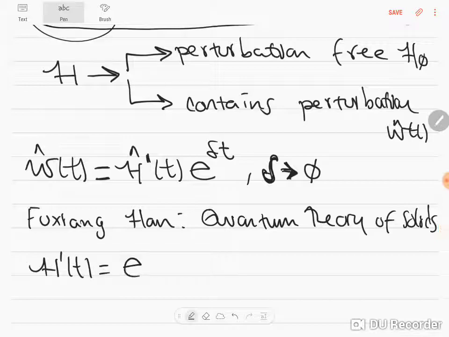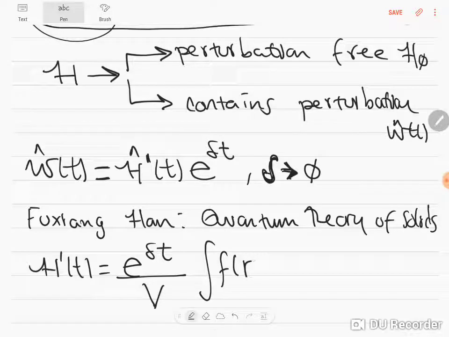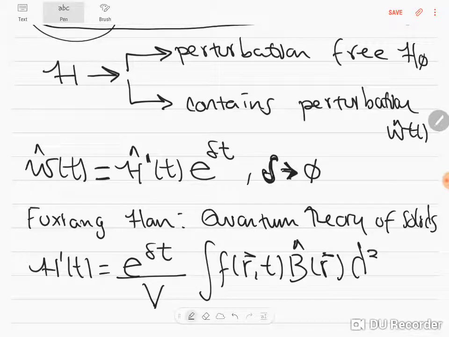We said that it is e to the delta t divided by the volume times the integral of some scalar field f of r comma t times some operator B of r, d3r. So the actual operator in the Hamiltonian representing the perturbation is B. This is just a scalar.